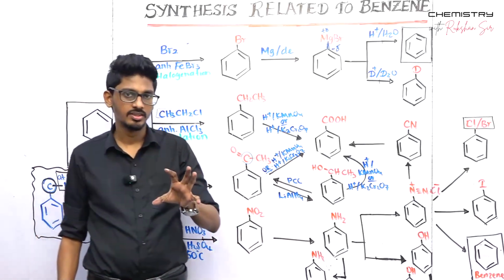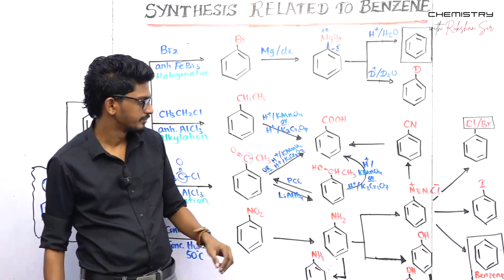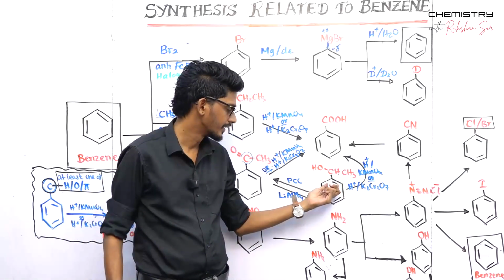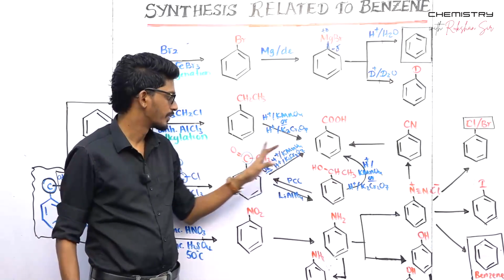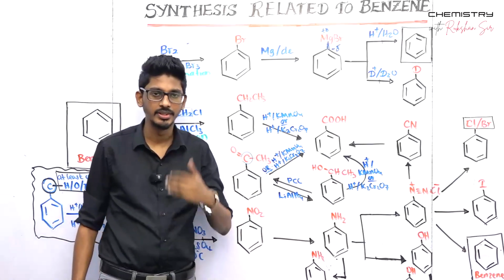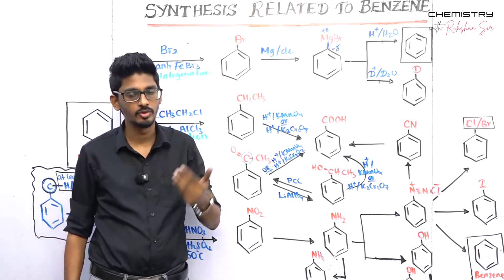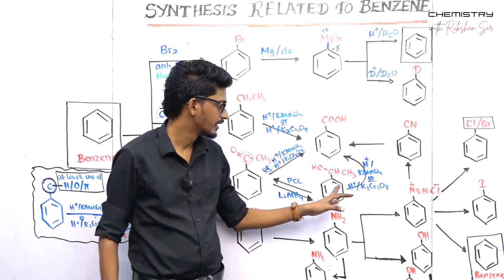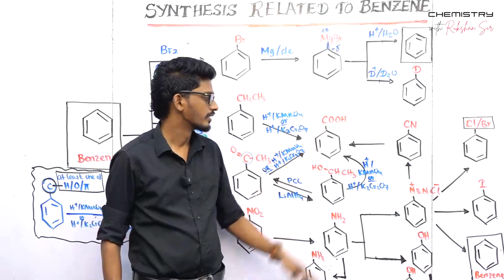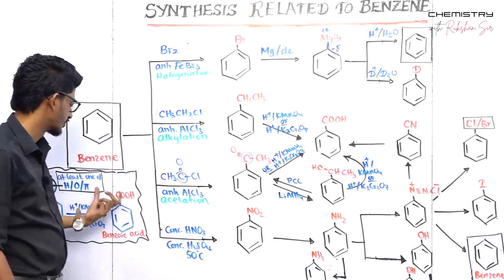In aliphatic conversions, secondary alcohols will stop at the ketone when you add an oxidizing agent like H+ KMnO4 or dichromate. But in aromatic chemistry, the secondary alcohols will convert to the benzoic acid due to this reaction, right?